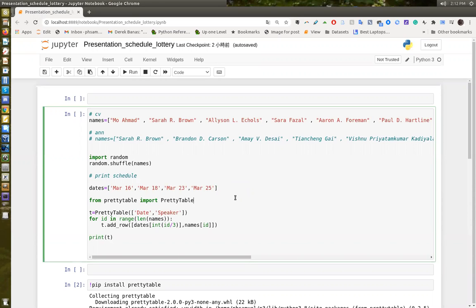Typically we have two presentations per class, but this time we have quite a lot of graduate students, so it's better to have three presentations per class. That would be quite tight, honestly, so you will have to control your time really well.